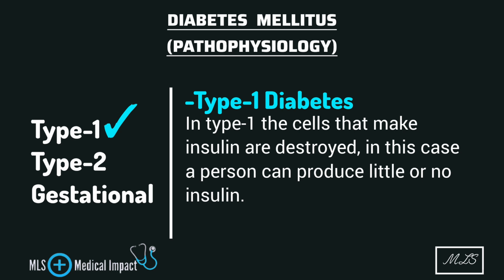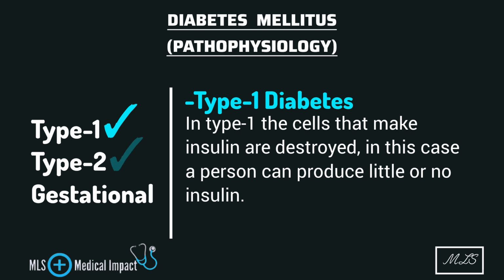So with type 1 diabetes, you may eat sugar or a lot of food containing sugar, but the sugar will just stay there in the blood because there is no insulin to help glucose enter the cells. This may happen due to damaged beta cells of the islets of Langerhans of the pancreas, where insulin is produced. This can lead to no insulin production or little production of insulin.